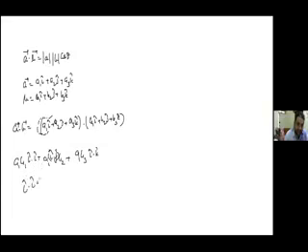Vishnu Shankar, is it clear? Adding two vectors, you are clear? Yes, sir. Adding, subtracting. Suppose I have to find a minus b, then what am I going to do?